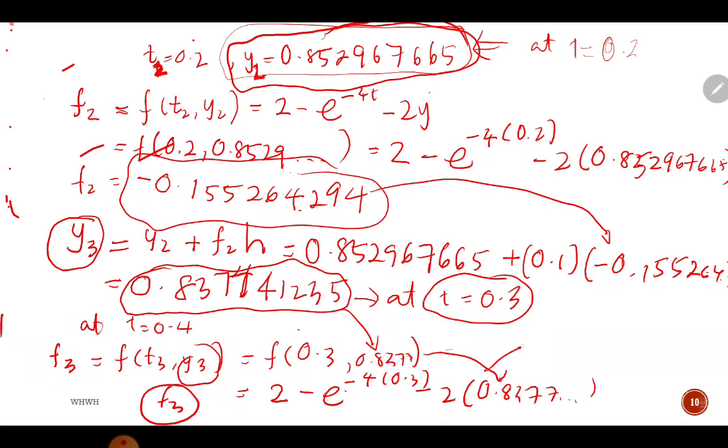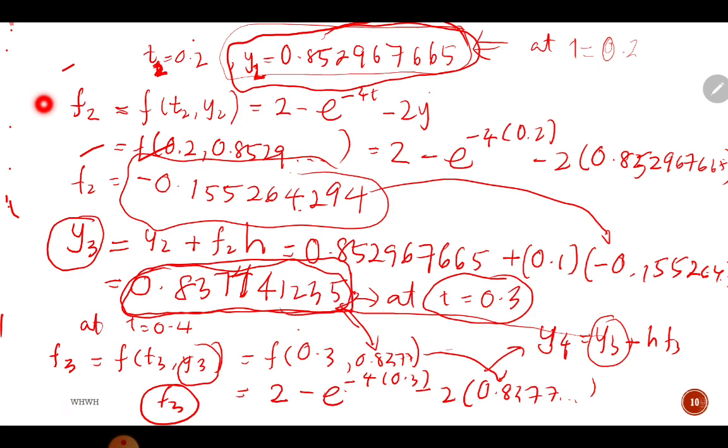Untuk dapat Y4, maknanya kita guna Y3 kita tadi tambah dengan H F3. Y3 tadi berapa value? Y3 yang ni, yang kita kira tadi.